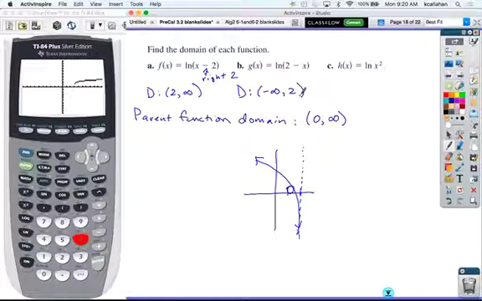And how about the last one? Is it being shifted up, down, left, or right? The answer is no. It's not being shifted. So the parent function was 0 to infinity, right? We could not have values that were 0 or negative.